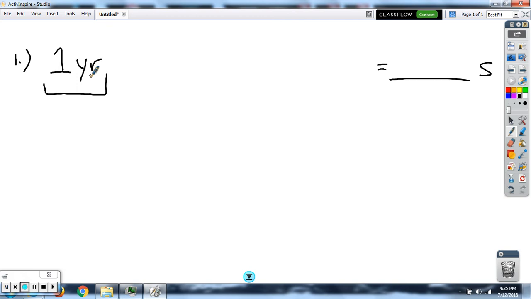So you can take this in multiple steps. The whole point of this problem is to know how many seconds there are in a year. If you already knew how many seconds there were in a year, then there would be no point in needing to do this. But let's assume that you don't know.